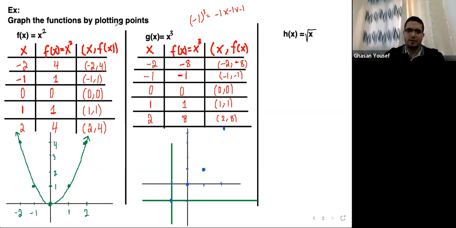And the other point is -2 and -8. So this is -2, around here. And the -8 will be down, but I'm going to graph it around here.